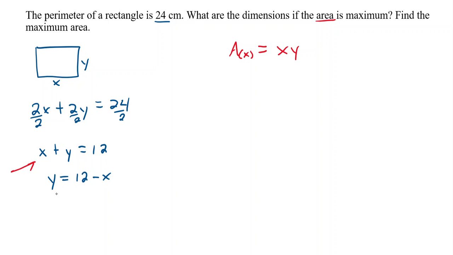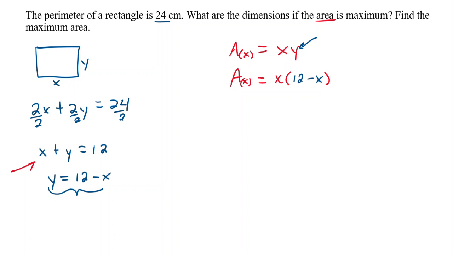So there you go. Now if y is equal to 12 minus x, then I'm just going to replace my y with 12 minus x. So A of x is equal to x times 12 minus x.